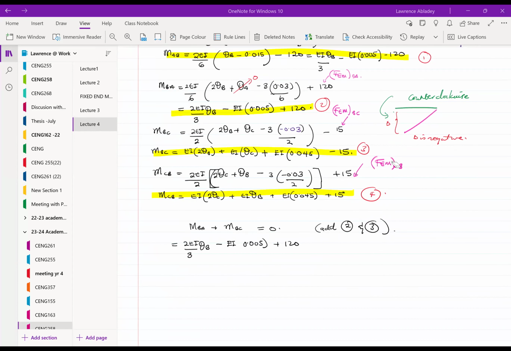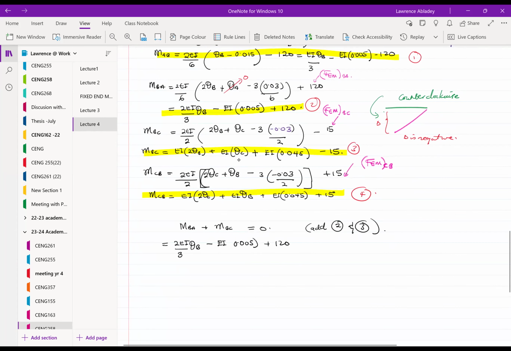All right, let me copy the other parts as well, the MBA part. I've already copied the MBA. What I need is the MBC.